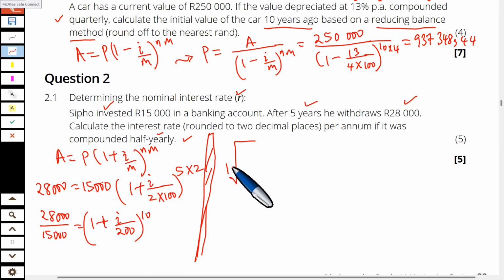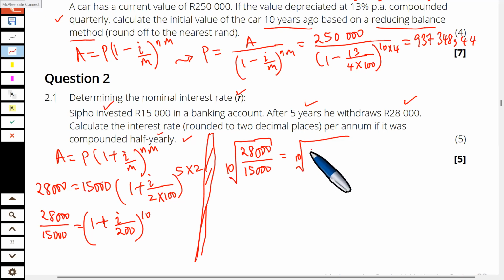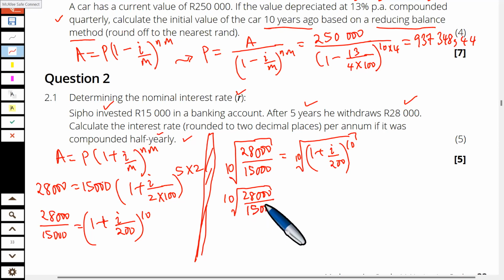If you take the 10th root of 28,000 divided by 15,000, which is the 10th root of (1 plus i over 200) to the power 10, you subtract 1 and multiply by 200.